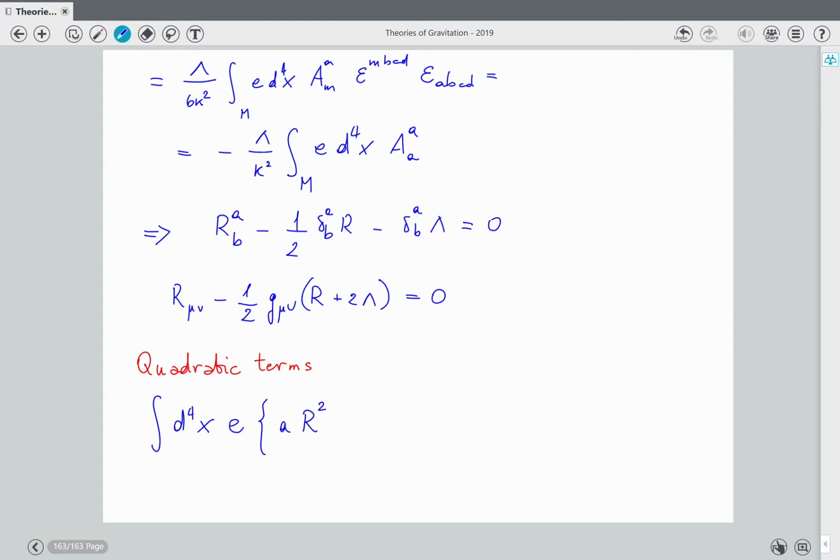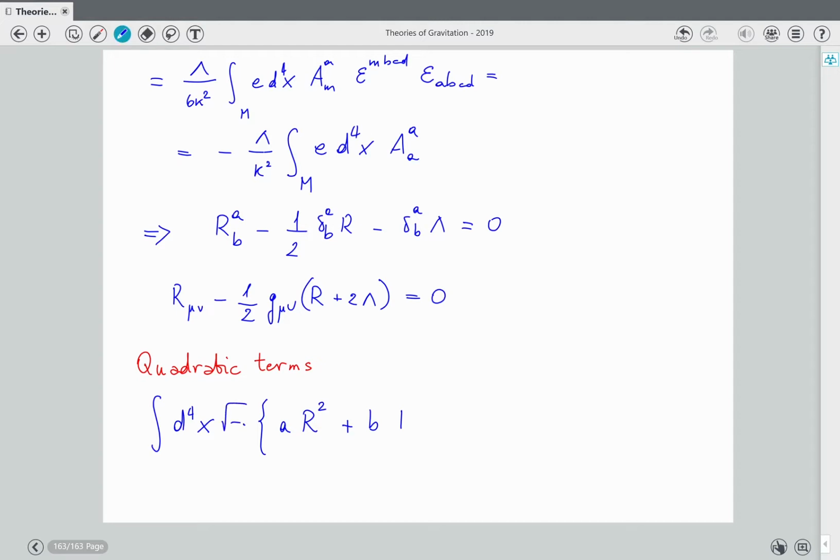R squared, you can square the scalar curvature. You can square the Ricci tensor, or we can write it directly in the notation which is more familiar to us with space-time indices.